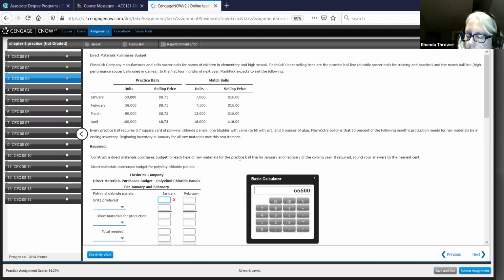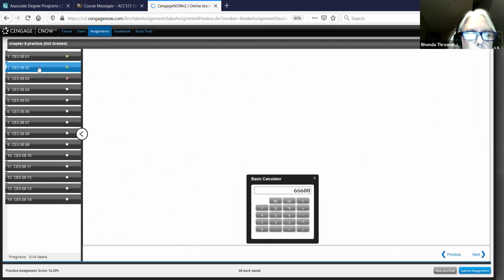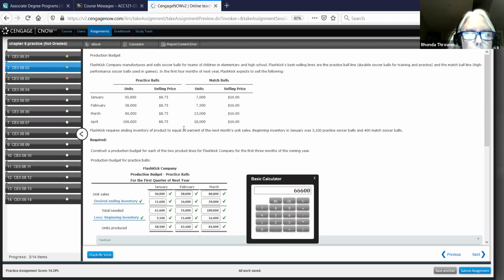So if you were to go back to exercise 8.2, and if you just looked at your units produced for the practice balls only, you can see that they were 58,500 for the month of January, and they were 62,400 for the month of February.